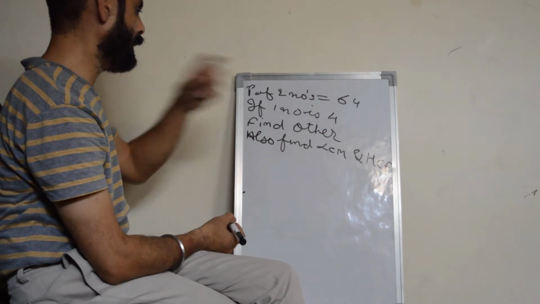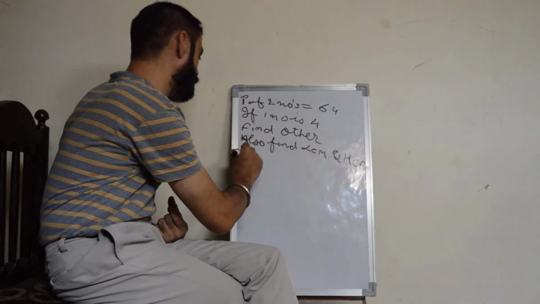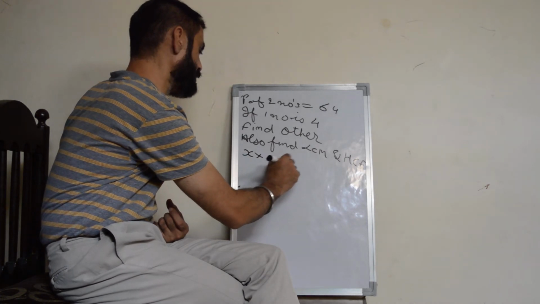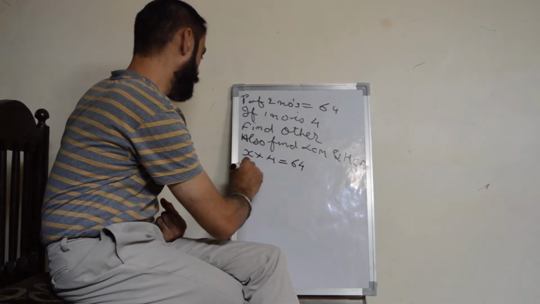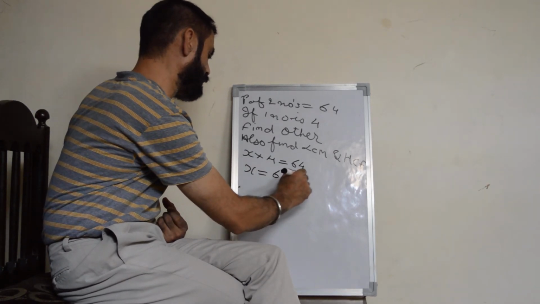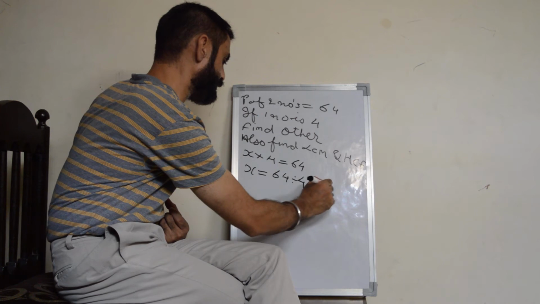Right? So now the product of two numbers, let the one number be x and one number is 4. So x into 4 is equal to 64. So x, the other number, will be 64 divided by 4, that is 16.